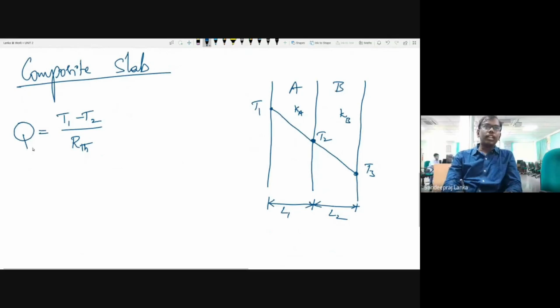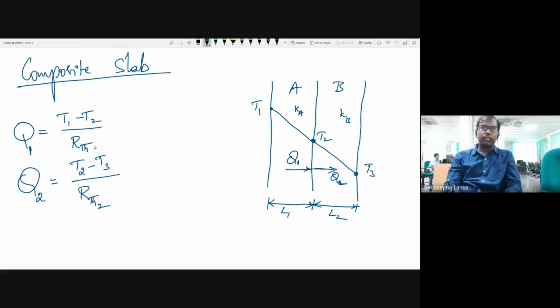So what I can write here is Q1 that is entering here, and Q2 that is going into the second one. So Q2 will be T2 minus T3 by RTH2. Let me call the first one RTH1. If I write the same thing here, T1 minus T2 by L1 by Ka into area.